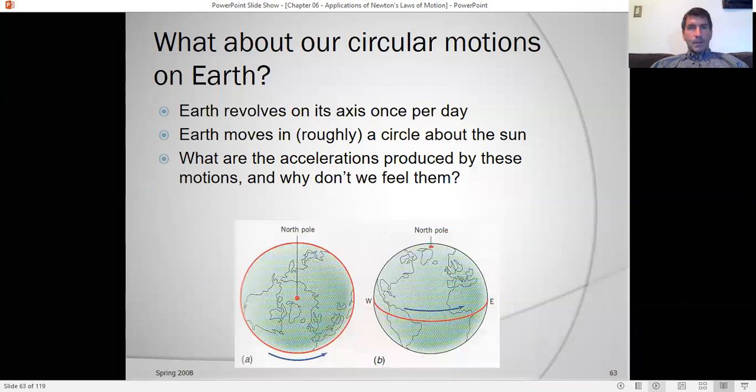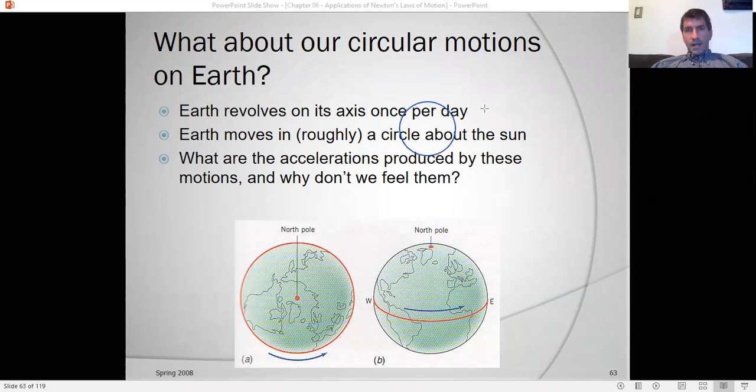Okay. What about circular motions on the Earth? Well, how does that work? The Earth is rotating on its axis. So actually, you feel lighter at the equator than you do at the poles. It's a twofold reason. The first reason is, and I'm going to overexaggerate this, the Earth is not round.